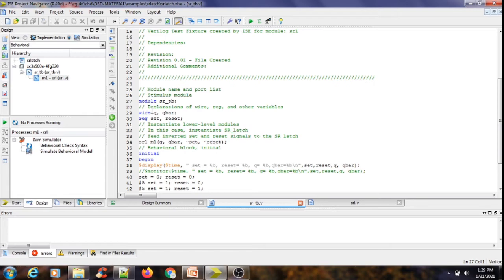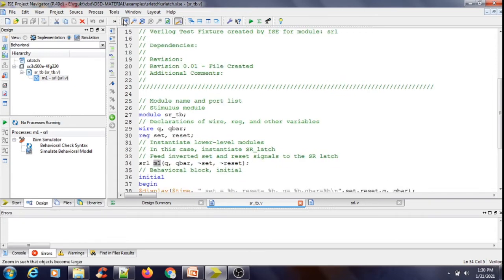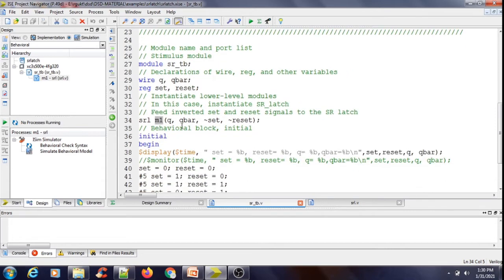Inside my top level SR underscore TB, I am instantiating the SR latch and giving that copy the name M1. So this is an SR latch instance as M1. You can see here, whatever order I am maintaining, first outputs are declared, next inputs come in the port list.